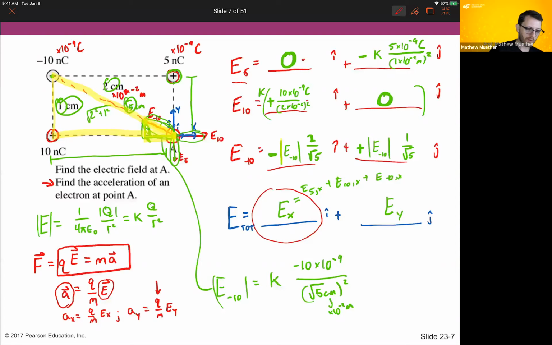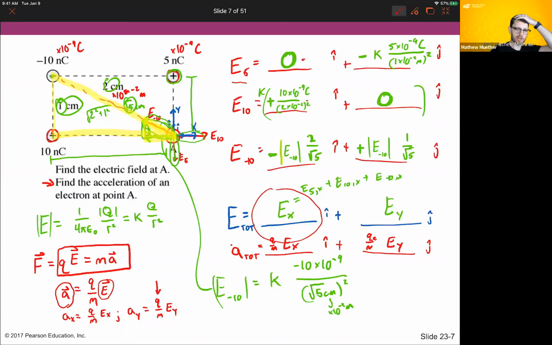And so if I want to write down the total acceleration, I can again do it in my coordinate system that I've picked here. And I know that this had better just be the charge to mass ratio q over m times Ex, and q over m times Ey. Okay, so I can just scale the components by the charge to mass ratio. Now for an electron, I would look this up.